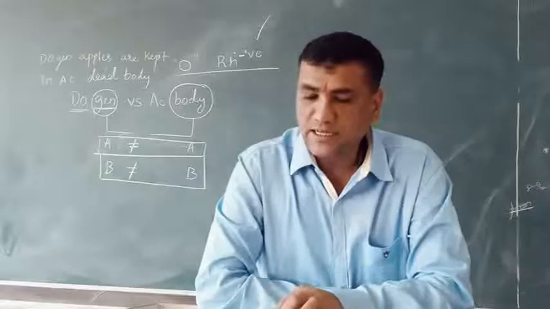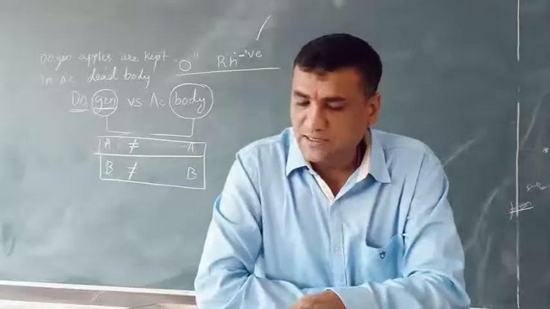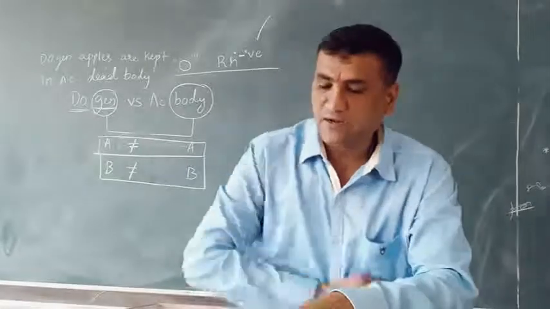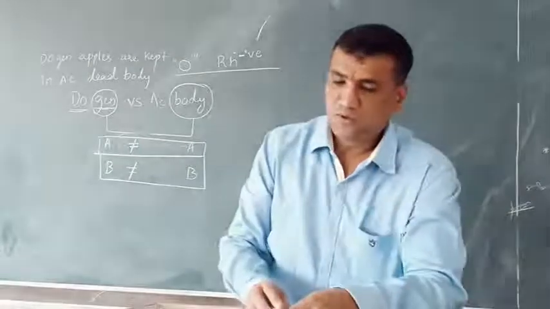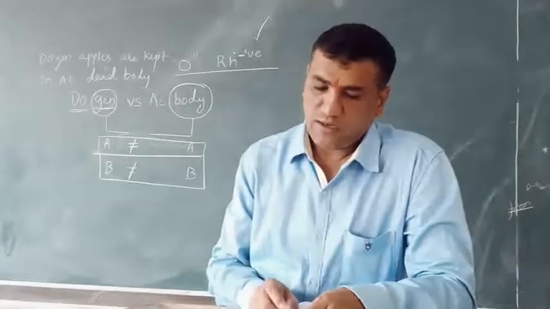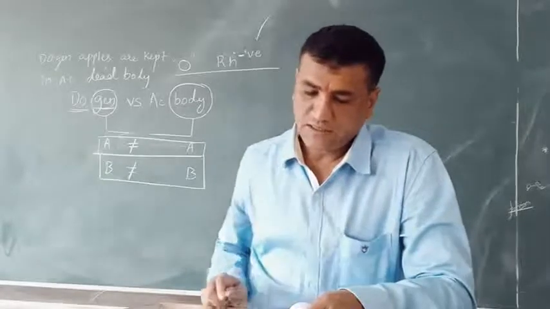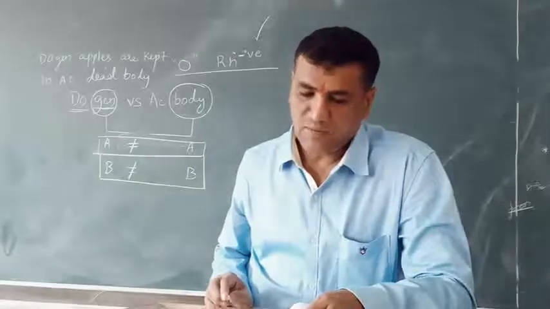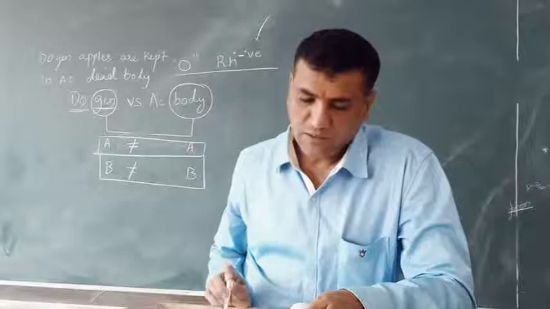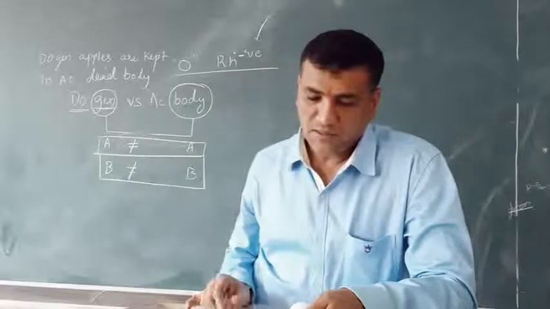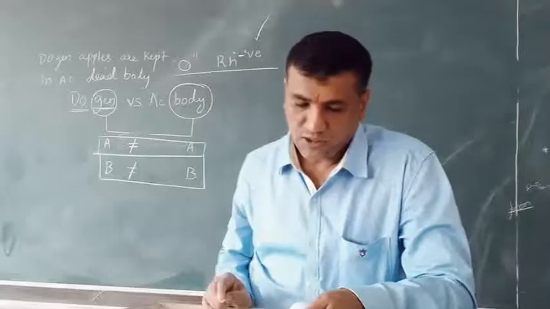Next, inheritance of blood group is a condition of co-dominance, incomplete dominance, multiple allelism, dominance. Your options are also not right, I think.